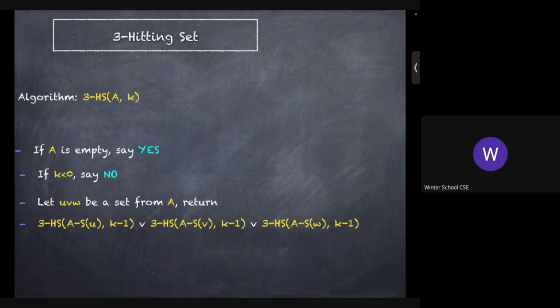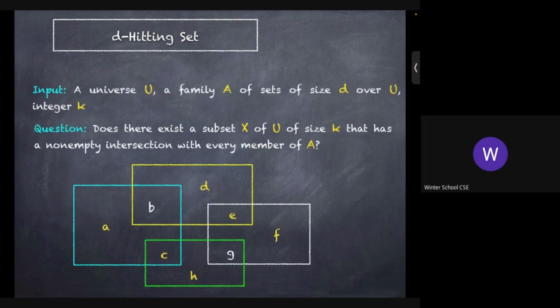So in this example, S of u is this set and this set. And again, it's like with edges: I can remove these sets just because I don't have to hit them anymore, right?